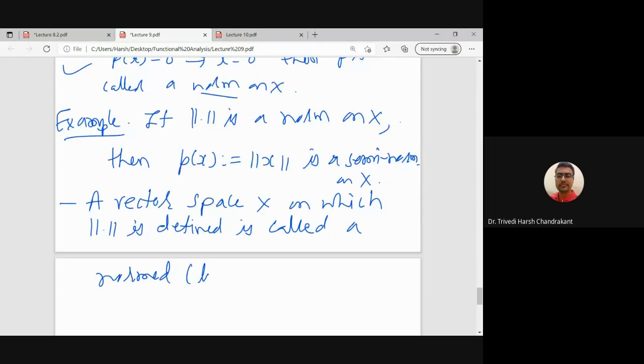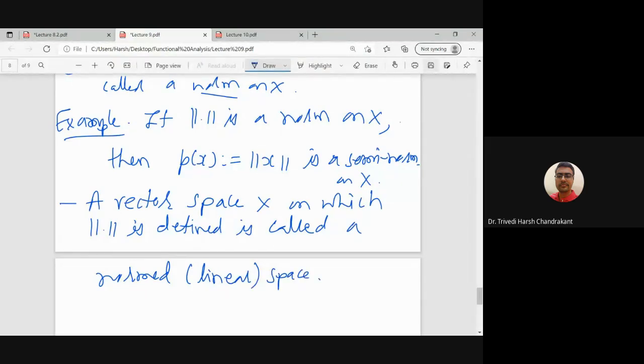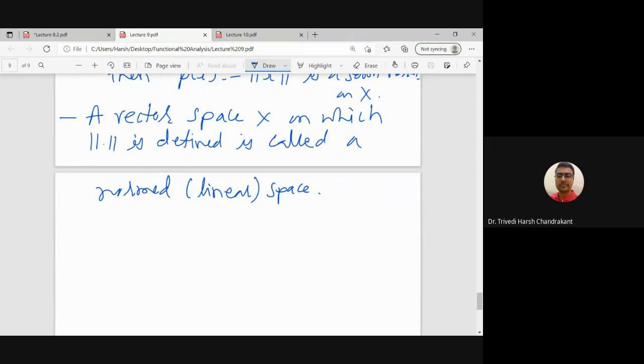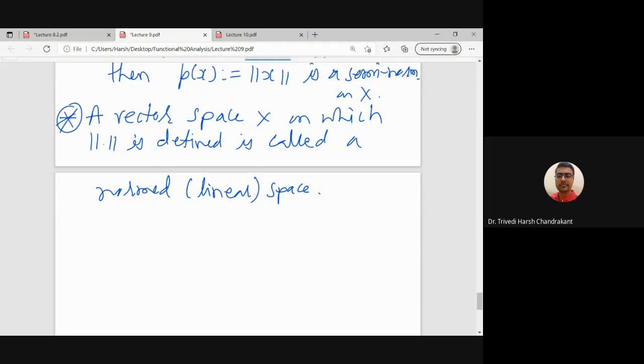Every time we will not write norm-linear space. Whenever we say norm space, that means it is a vector space along with a norm. So this is a new direction. From here onwards, we are starting with the norm and properties of the norm.